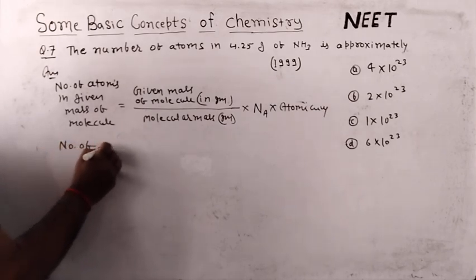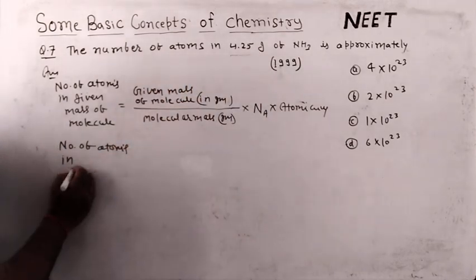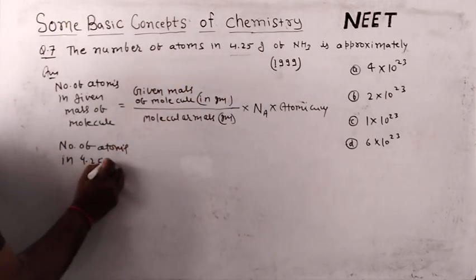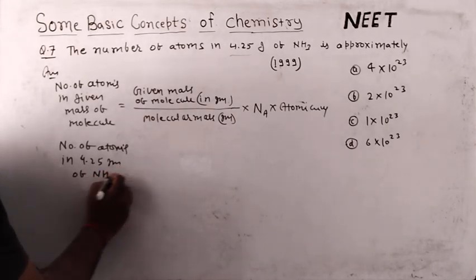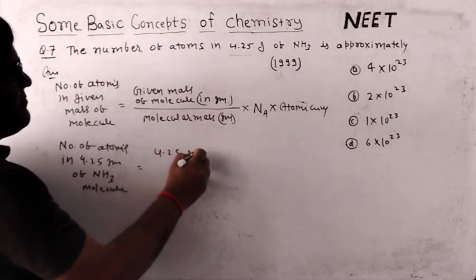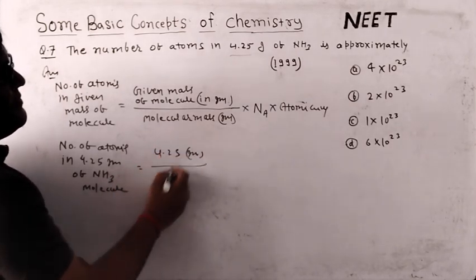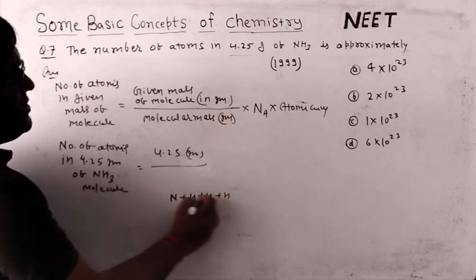Now, the number of atoms in the given mass, 4.25 gram of ammonia molecule, is equal to the given mass 4.25 gram divided by the molecular mass of NH3.